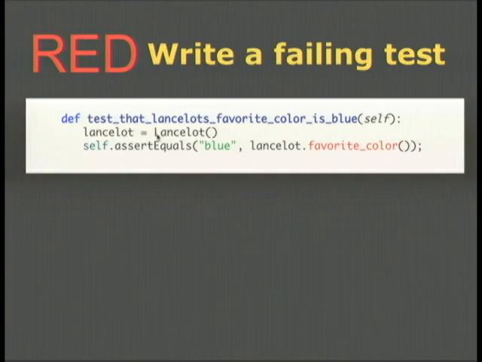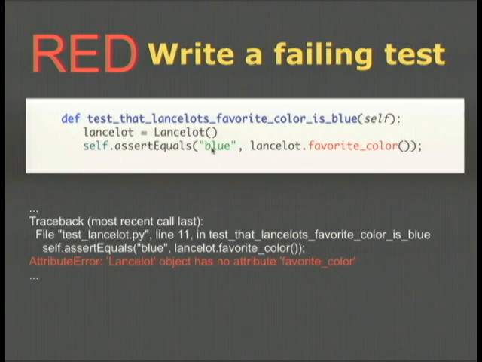I've got this Lancelot object, and I'm asserting that if you run the method favorite color, the result will be blue. That will be my failing test. And it will fail horribly because I have not written a favorite color method. So I've run the test suite, and we've got this horrible, scary error down here.